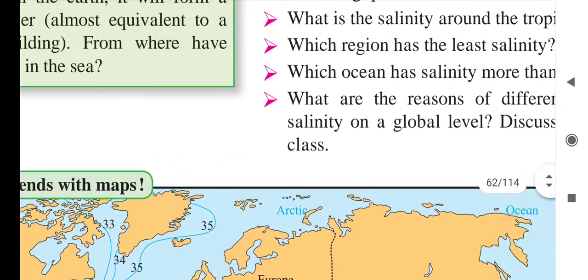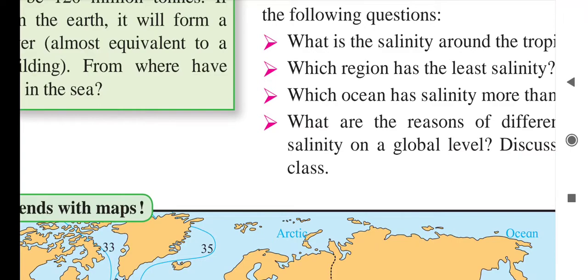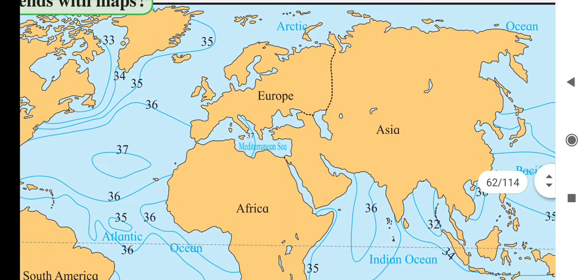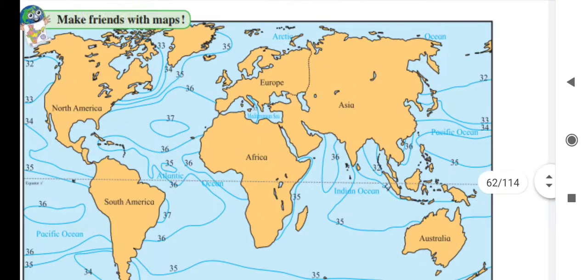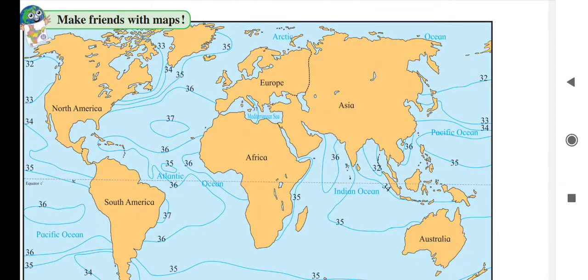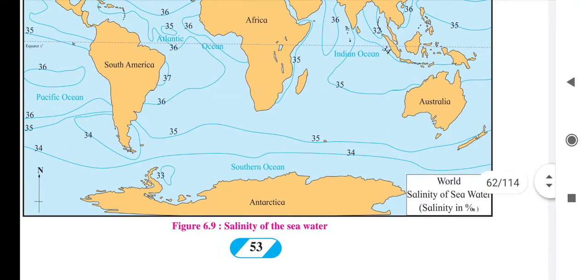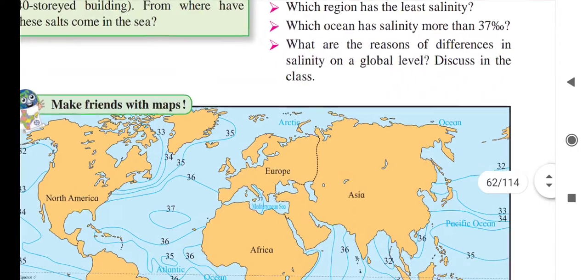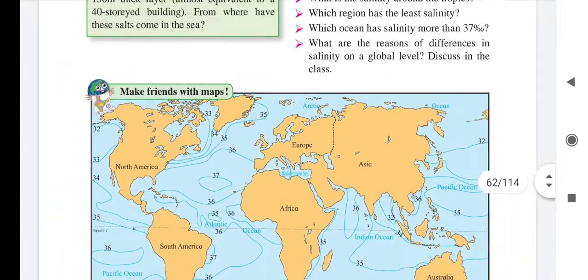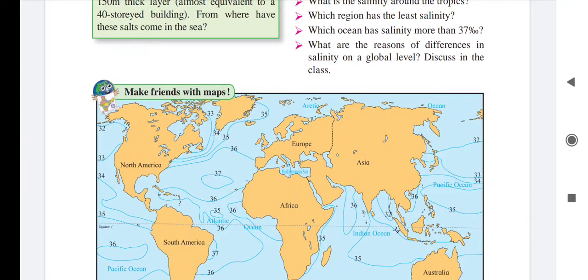Now the next question: which region has the least salinity? You have to see the salinity scores here. Somewhere 36 is given, somewhere 37, 36, 34. Downside 33 is given, and upside 33, meaning in the polar region salinity is less. What is the reason behind it? Because of the sun rays.